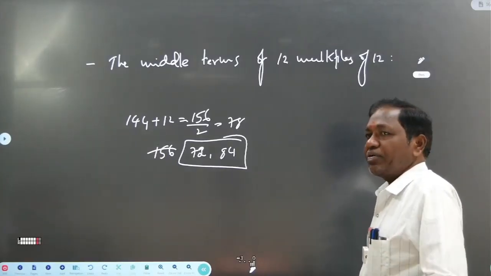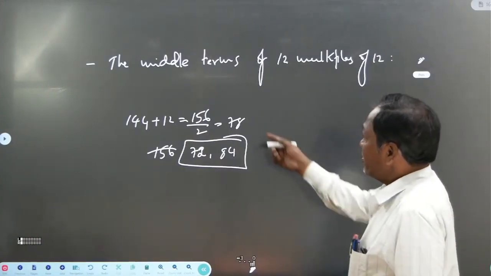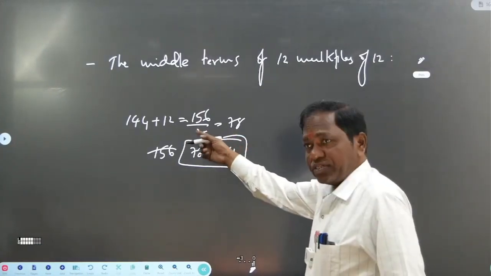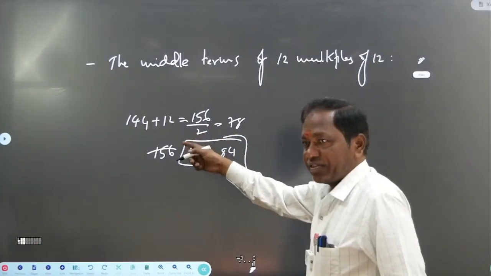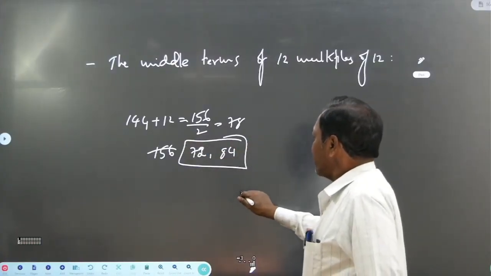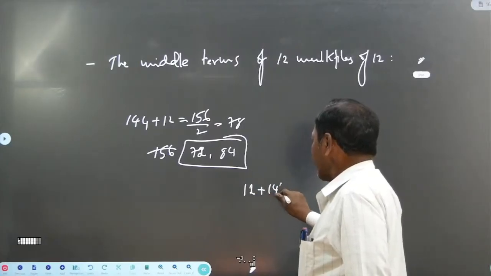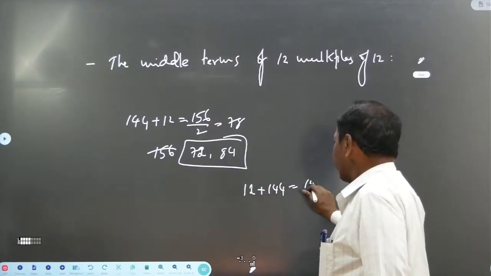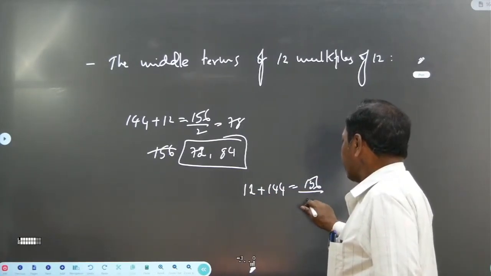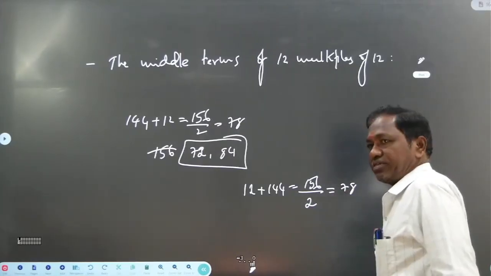You can take for odd numbers, straight away you will get one number. Right. So even I do the same way only, but I am doing the reverse way. For example, take first number from the beginning 12, first number from the last 144. It means 156. 156 by 2, you will get average 78.